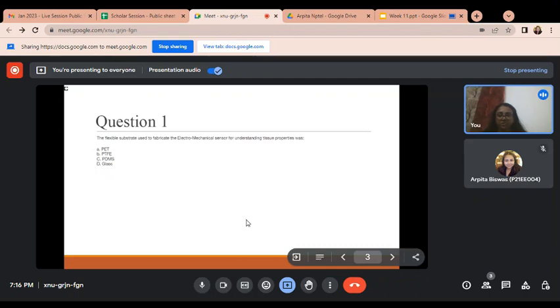The first question is: the flexible substrate used to fabricate the electrochemical sensor for understanding the tissue property was. The first option is PET, the second option is PTFE, the third option is PDMS, and the fourth option is glass. Take your time and try to solve the question.